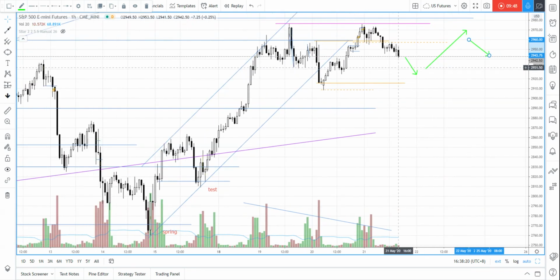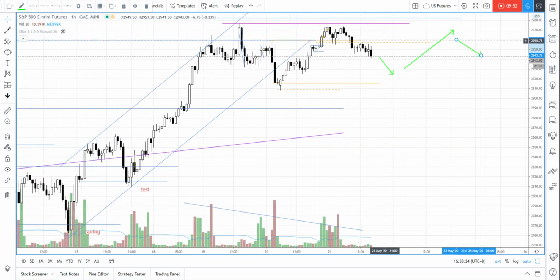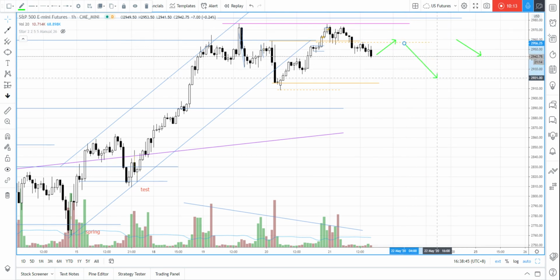But the first immediate resistance level I pay attention to is actually this breakdown bar in the Asian session, 9 a.m. my time. So if it can just go back up and actually test this bar, followed by some kind of rejection, then it probably can be a good shot.